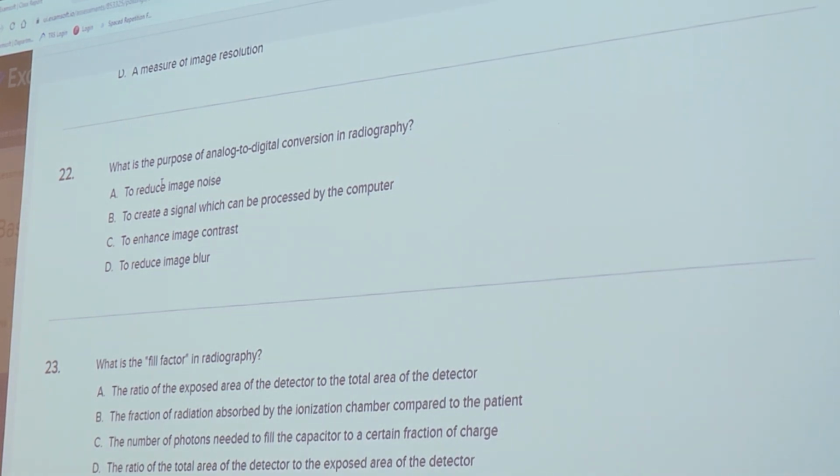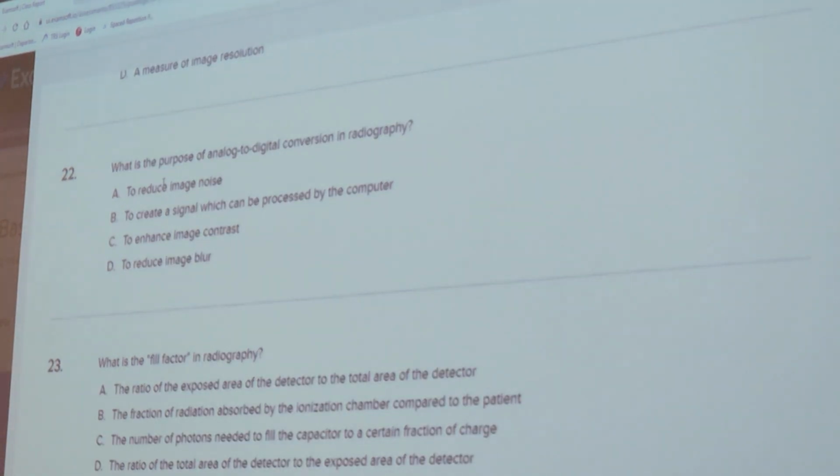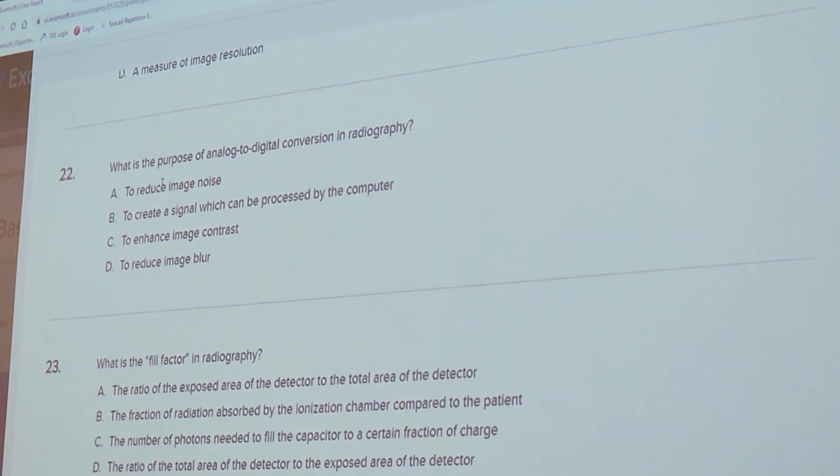What is the purpose of the analog to digital conversion of radiography? Another name for it is ADC. Basically the whole concept of the ADC, or analog to digital converter, is that it's taking the X-ray and digitalizing it to make it smaller to be able to show up on your screen. So remember film?